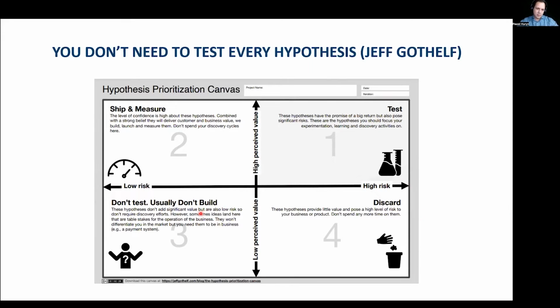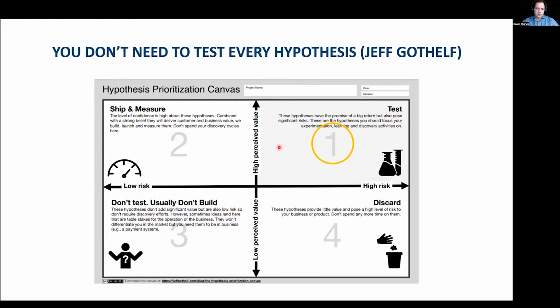And the second one is low perceived value or high perceived value. And the sweet spot for us is testing those assumptions that are risky, so may turn out to be wrong, and that may produce high perceived value for us.